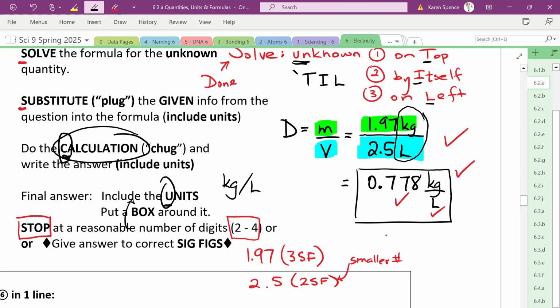This is our enriched answer. 0.778 kilograms per liter is perfectly good, but if you want the enriched answer, that would be 0.78 kilograms per liter. And we would box that. That's the enriched, and you can choose or not to do that as you wish.